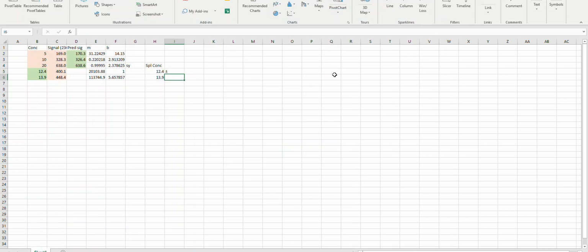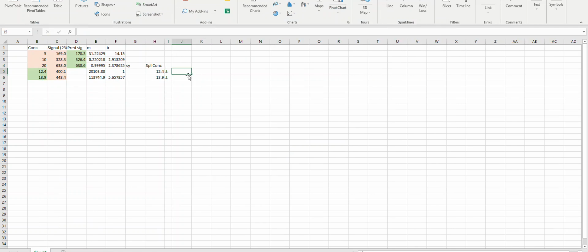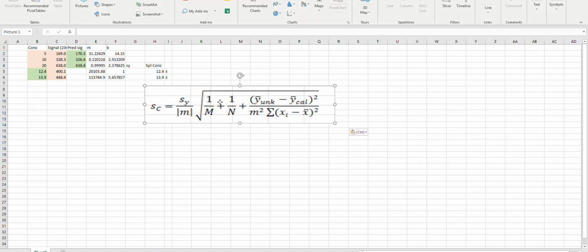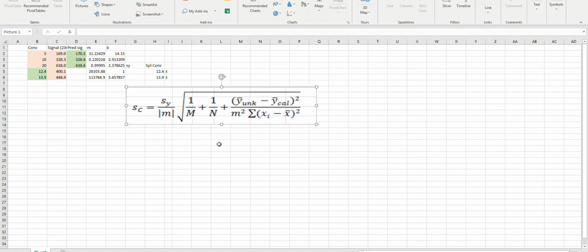And there we go. Just drag this guy down. And then the uncertainty here is going to be the result of a rather massive equation, right? And if you recall, what we did last time was we got the equation from the lab manual and then copied it in there. This is actually from the other spreadsheets.